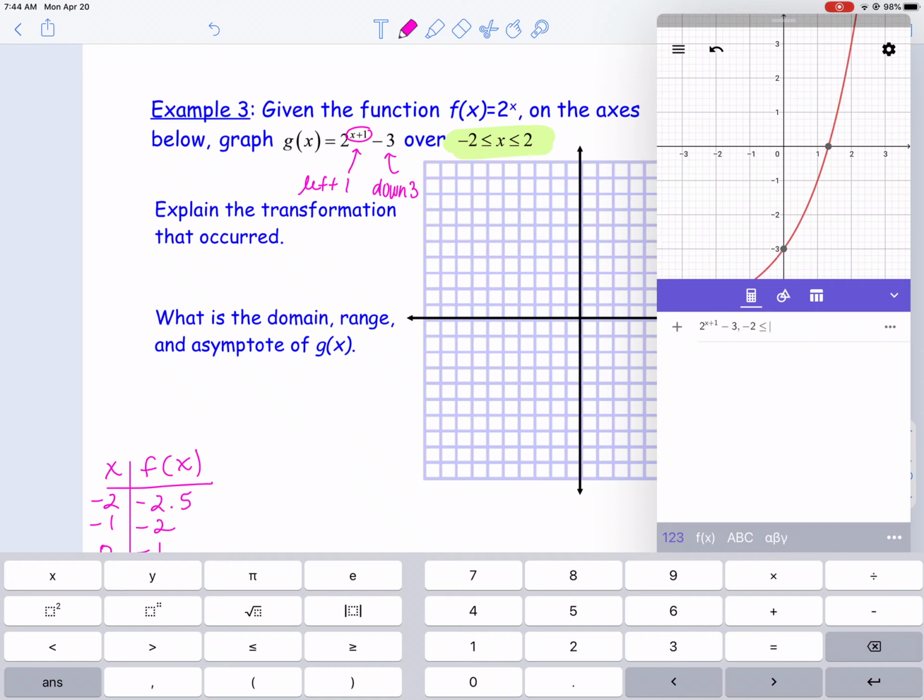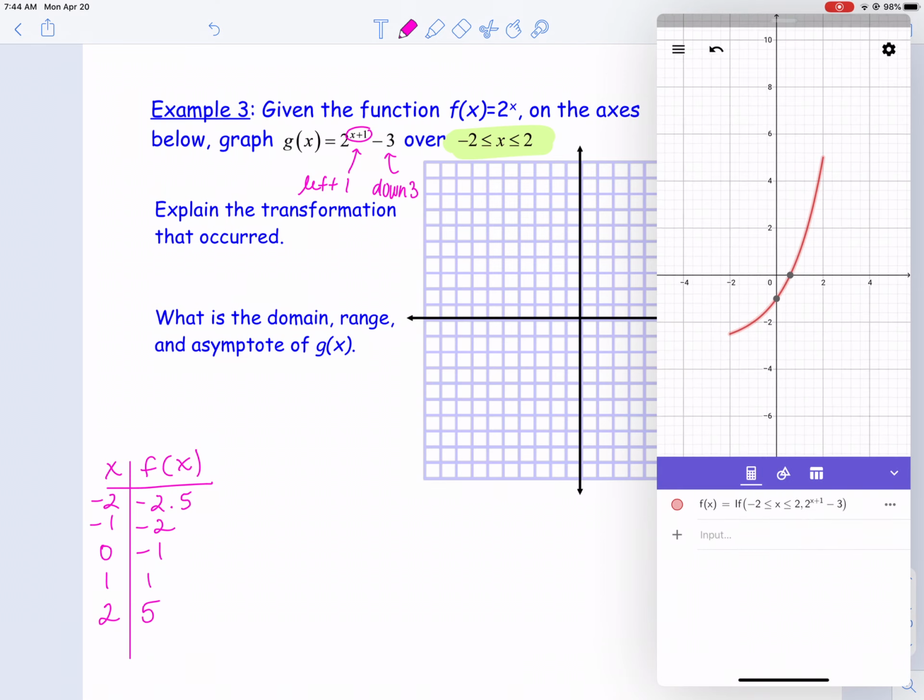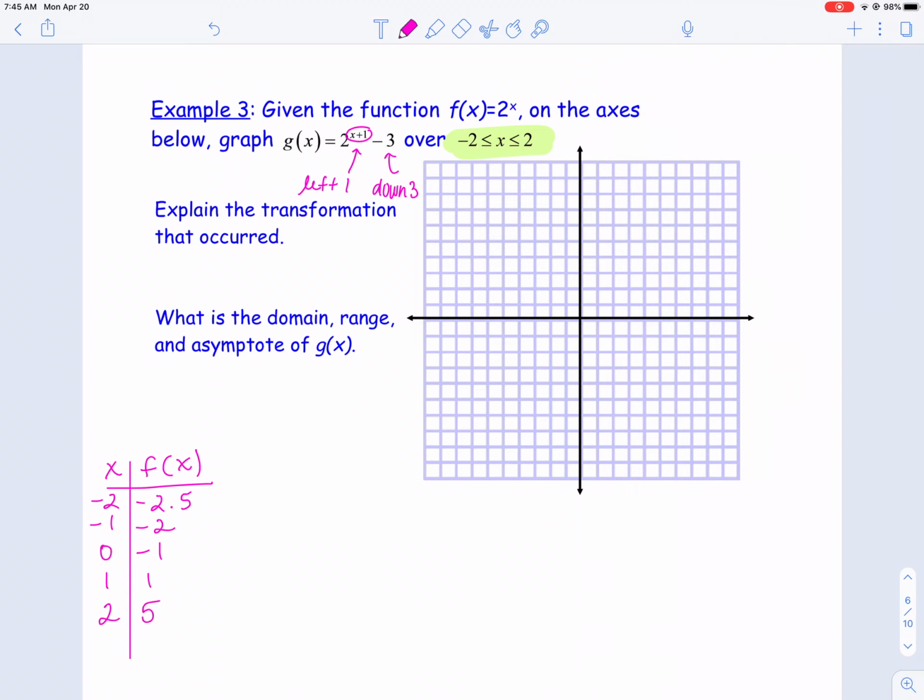Negative 2 less than or equal to x less than or equal to positive 2, and then hit enter. Look at my graph. Notice it doesn't keep going. It restricts it only from negative 2 to positive 2. So I just want you to know that this is called a restricted domain.